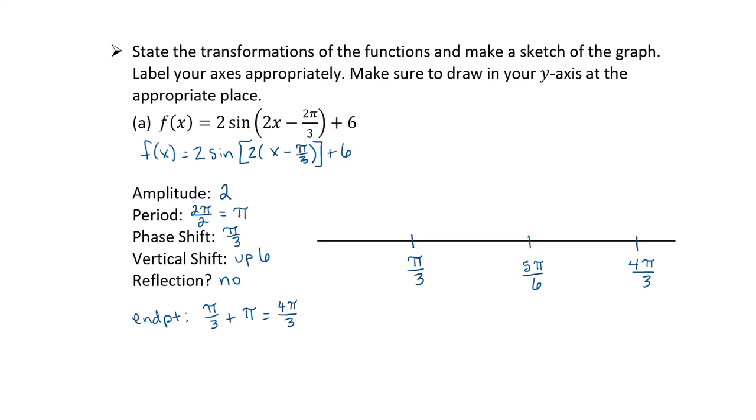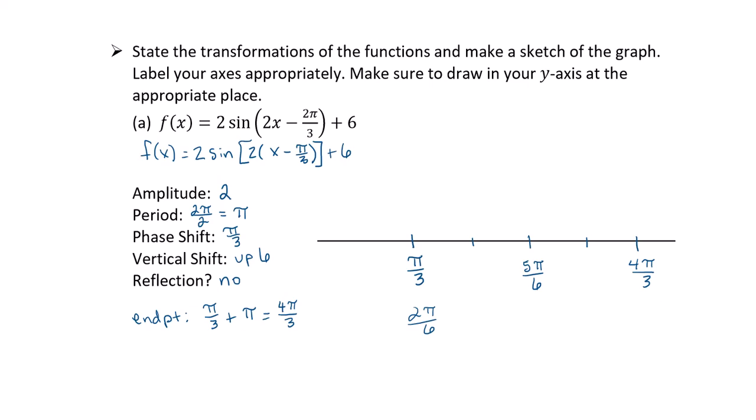Then, to get those points in between, we'll add these two and divide by 2. We'll add these two and divide by 2. So let's try here first. First, let's get a common denominator. This is a 2 pi over 6. So if I take 2 pi over 6 and I add 5 pi over 6, that's 7 pi over 6.